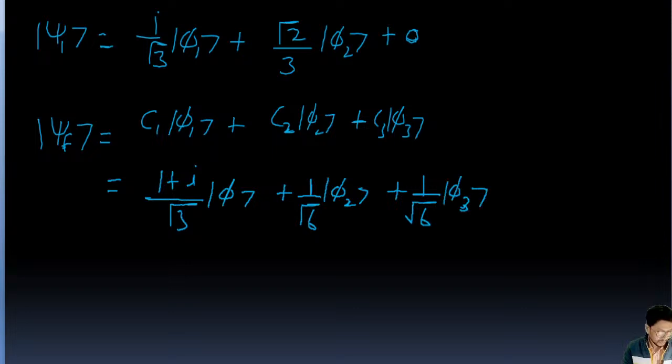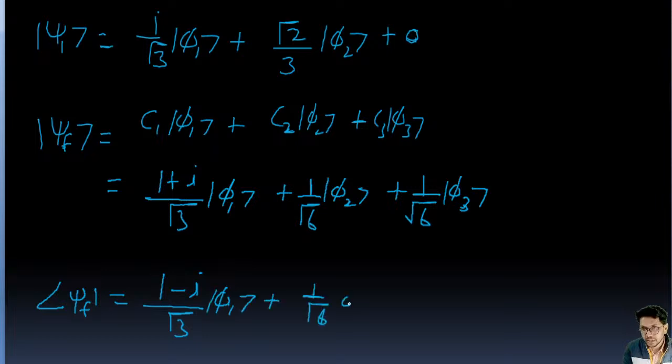Now this is the ket psi f, right? Now we'll find the bra psi f. This is going to be 1 minus iota upon root 3 phi 1 plus 1 upon root 6 phi 2, it will remain as it is, plus 1 upon root 6 phi 3.